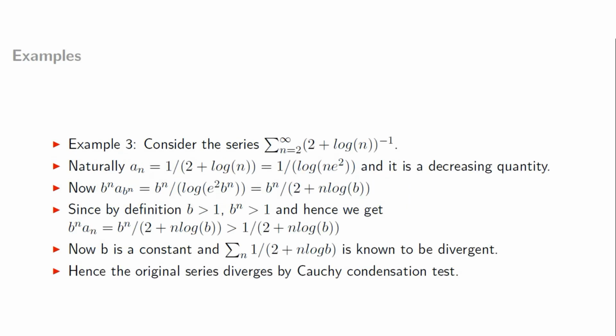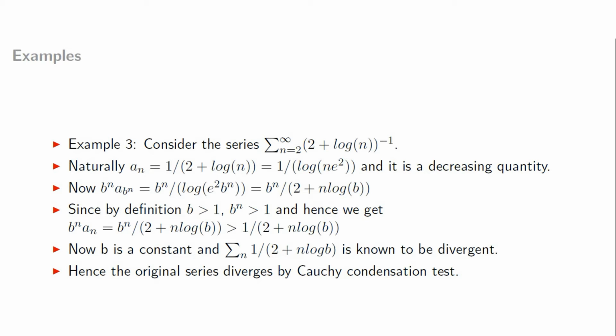Next, consider our next example. We have a series whose nth term is given by (2 plus log n) to the power minus 1, and we note that this nth term is a decreasing quantity. Now, we shall use Cauchy's condensation test. So, for some positive integer b, we consider b to the power n times a at b to the power n, which comes out as b to the power n divided by (2 plus n log b).